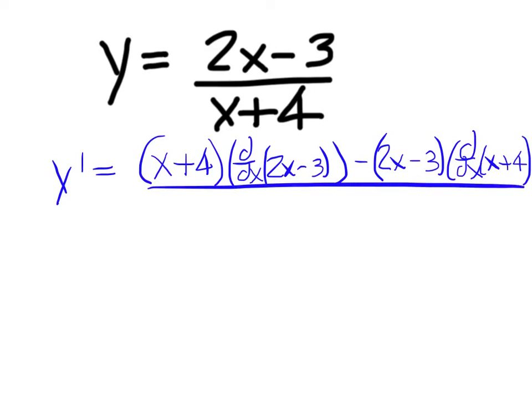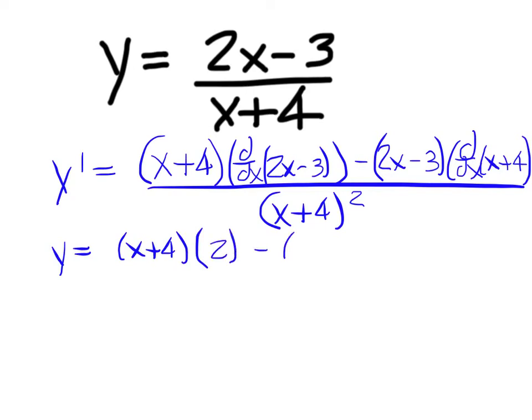And of course the bottom is going to be x plus 4 quantity squared. So next you need the derivative of the items that you're finding the derivative of. So x plus 4. The derivative of 2x minus 3 is simply 2. Keep this quantity the same, and the derivative of x plus 4 is 1.